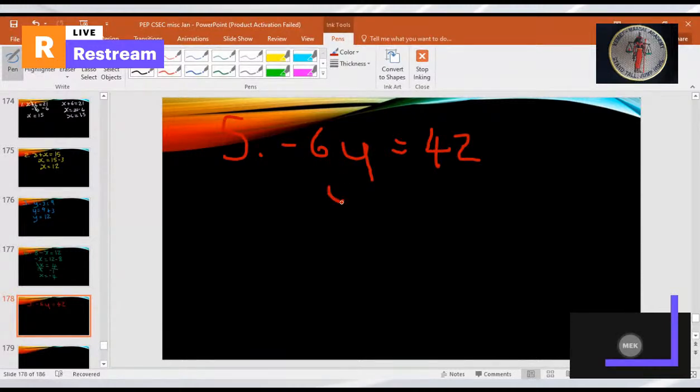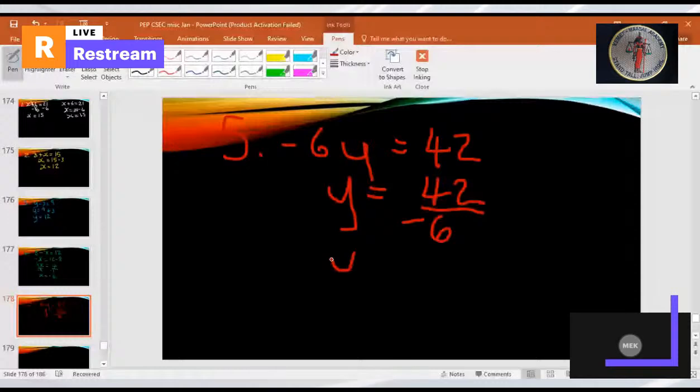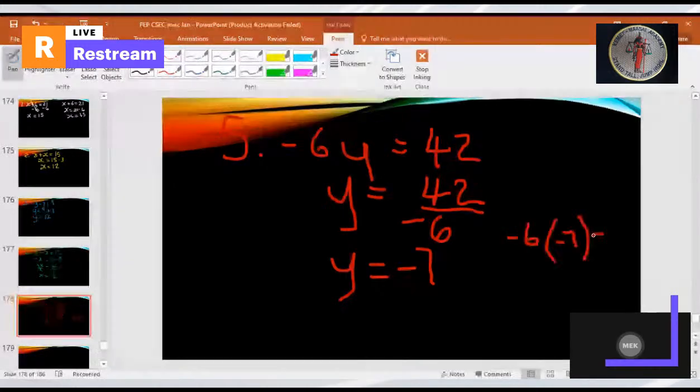So we're going to have y is equal to 42 divided by negative 6, and that is going to give negative 7. To check the answer, plug negative 7 here. Negative 6 times negative 7 gives 42. Remember, negative times negative is positive. So that's how we know our answer is correct. The answer is negative 7.